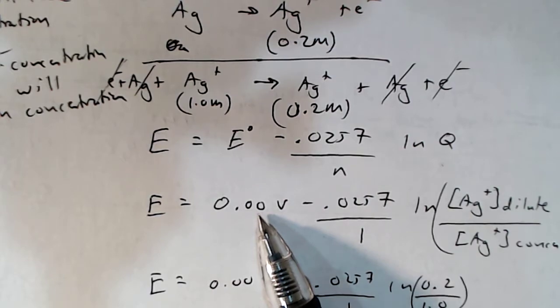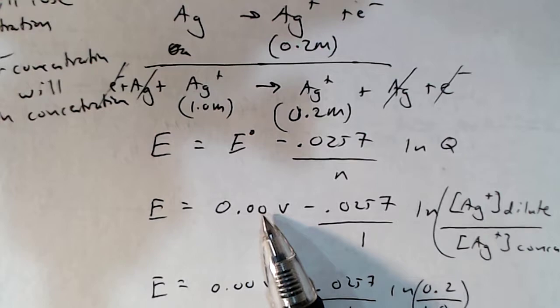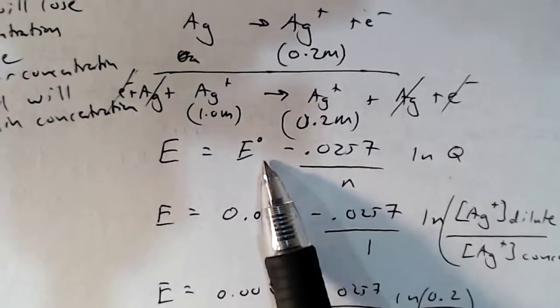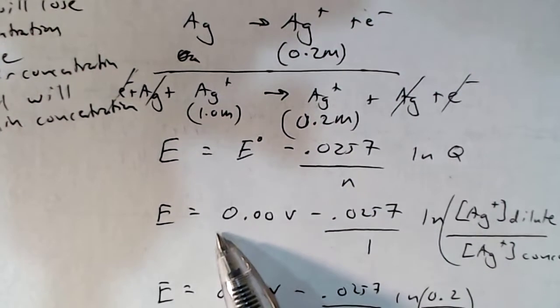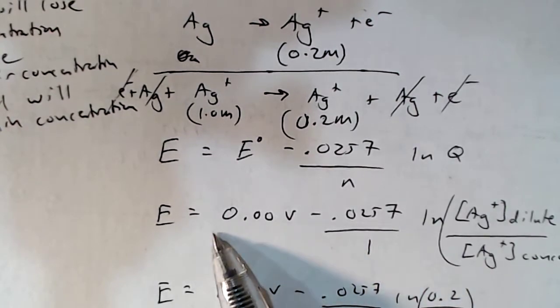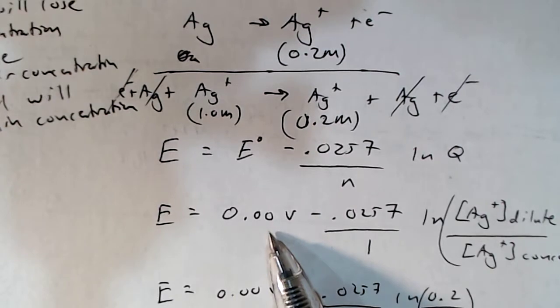I'm trying to recall from the reduction potential chart, but it might be around 1.5 or so. But if you did 1.5 minus 1.5, cathode minus anode, you would get 0.00. If you have the same elements in both of the half cells, then the standard E cell is going to be 0.00.